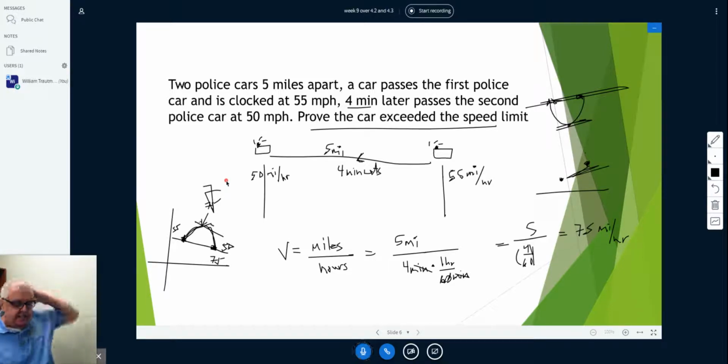So that is how they give you tickets in Florida when they time you between two. They record your average speed and they give you a ticket for that. Even though you might have been going 90, you should be lucky or feel happy they only give you a ticket for 75. And that's how the mean value theorem works.